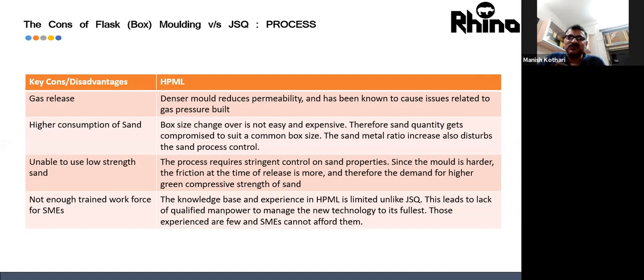And the last, of course, is we don't have enough work experience in our country today, though it is growing slowly, but there is a very limited work experience of working in high pressure, and there's not much training available. Today even in colleges, if we go to education institutions, I don't think they are teaching high pressure molding or they have any machine on which we can even set up a training school. We are setting up a Jolt-Squeeze machine in the colleges.